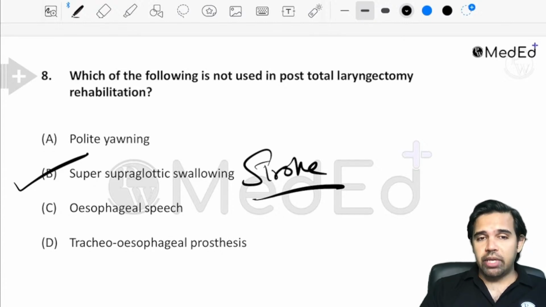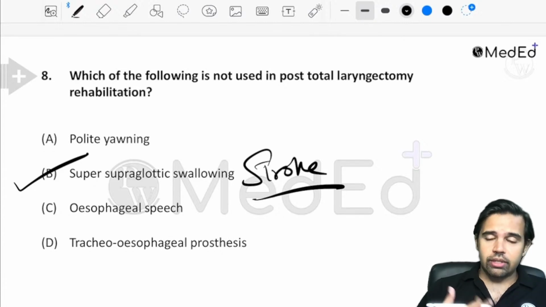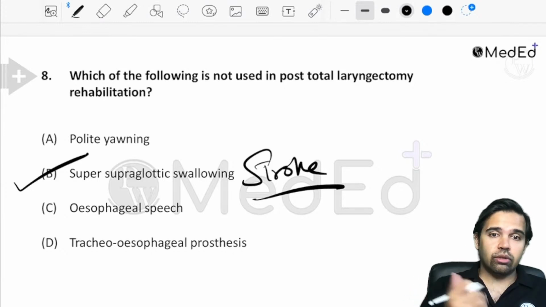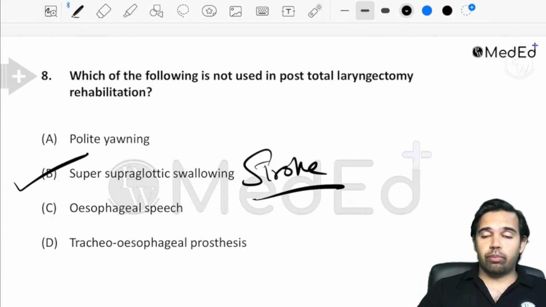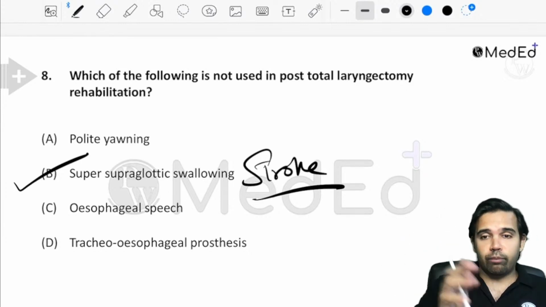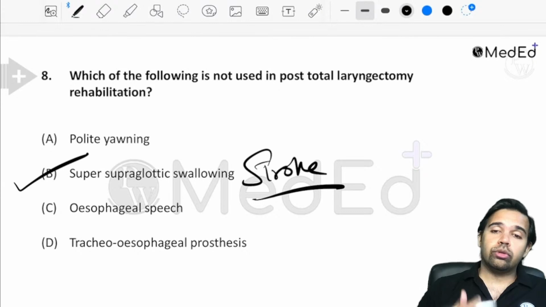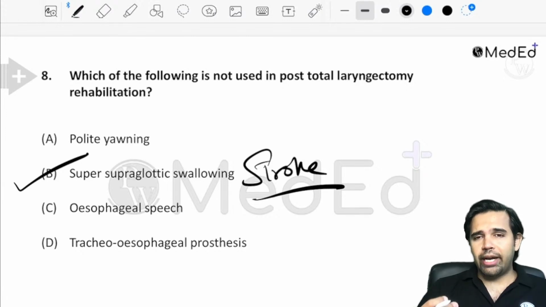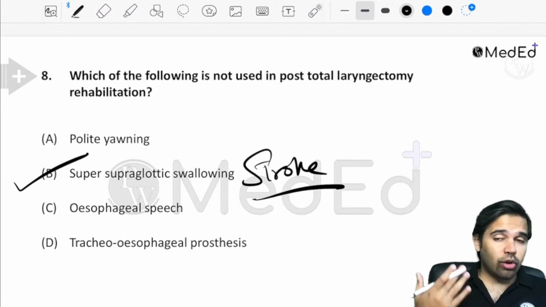Now, esophageal speech: the air collected from your food pipe and stomach is pushed into your mouth, and then you can move your mouth to speak. Or a tracheoesophageal prosthesis, where the air that you exhale from your lung is pushed through a one-way valve into the food pipe, so that air comes into the mouth and you can phonate. Polite yawning is a rehabilitation for smell. In laryngectomy patients, no air goes up to the olfactory area and they're not able to smell.